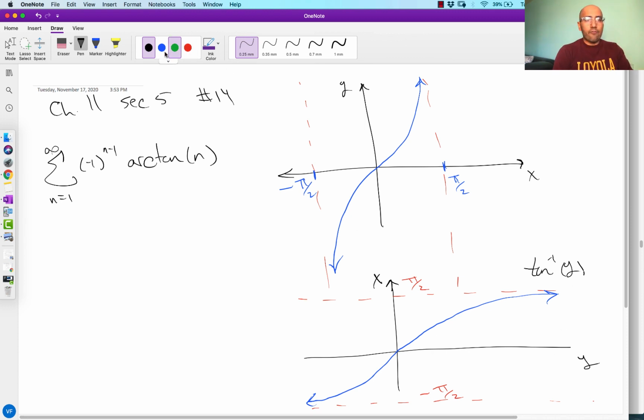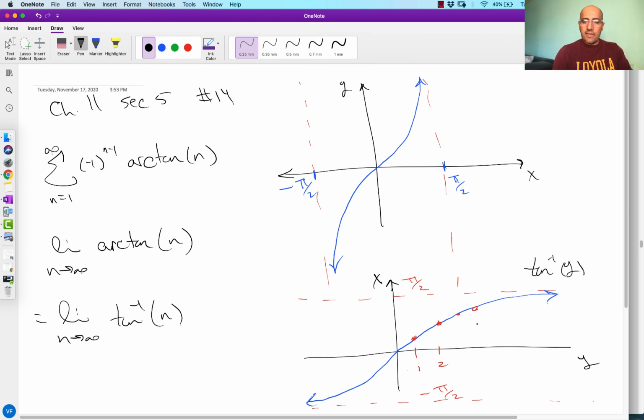Okay, so now if we have individual values of n, this is for n equals 1, then we have a little value there, and n equals 2, we have a little value there, and so on and so forth. So we can see that the limit as n goes to infinity of arctan of n, which is the same thing as the limit as n goes to infinity of tangent inverse of n, is heading toward pi over 2, which is not equal to 0.